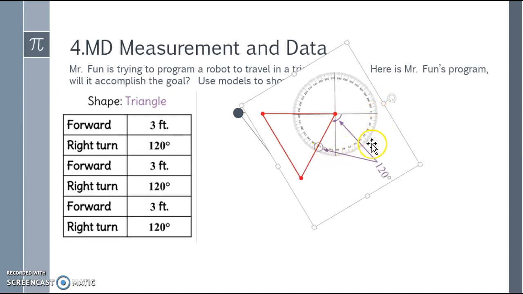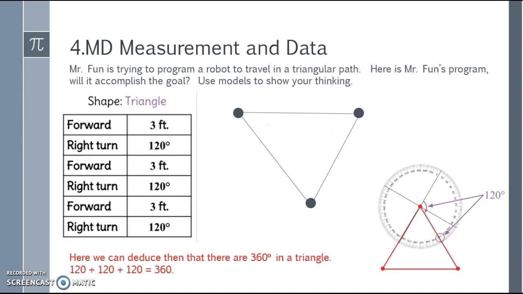So this angle here is 120 degrees. We can deduce that there are 360 degrees in a triangle since all of their angles add up to 360 degrees.